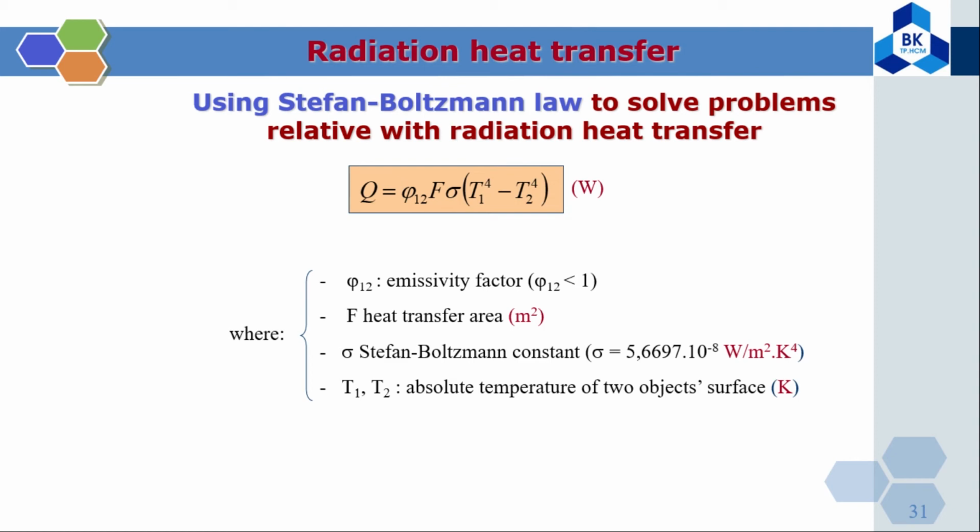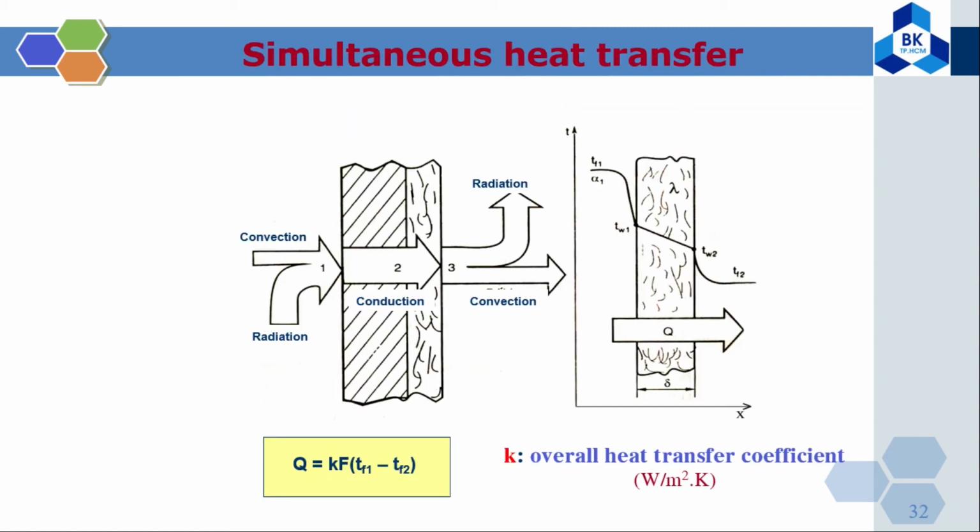In this equation, F12 is the emissivity factor, F is the heat transfer area, sigma is the Stefan-Boltzmann constant, and T1, T2 are the absolute temperatures of the two object surfaces. Okay, those are the three separate mechanisms: conduction, convection, and radiation.